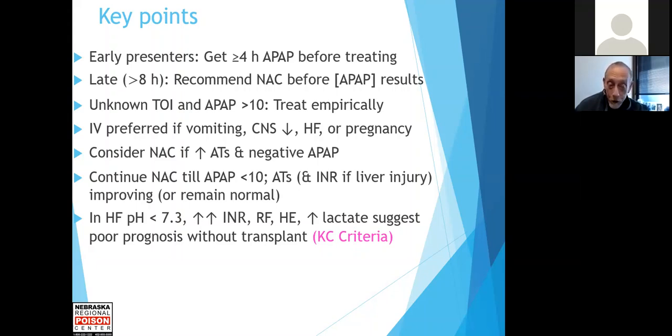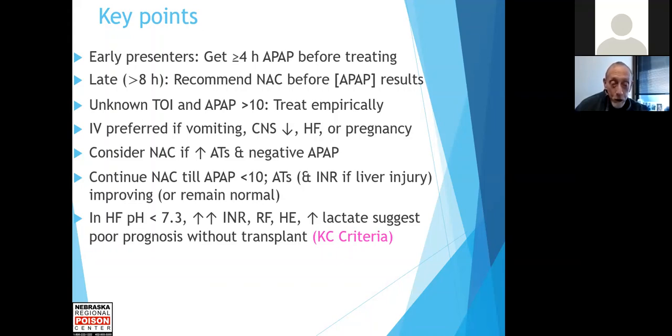And if they present with elevated liver enzymes and a non-detectable acetaminophen, this may be a recent acetaminophen overdose. It's reasonable to treat those people until you sort it out and see, are the liver enzymes going up or down? You won't know until you get more than one level.